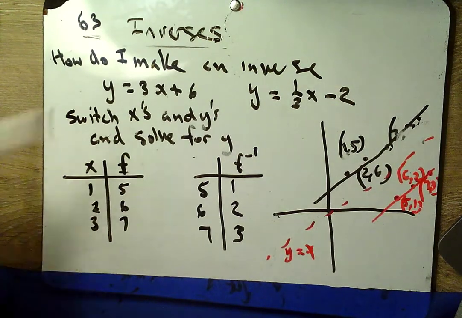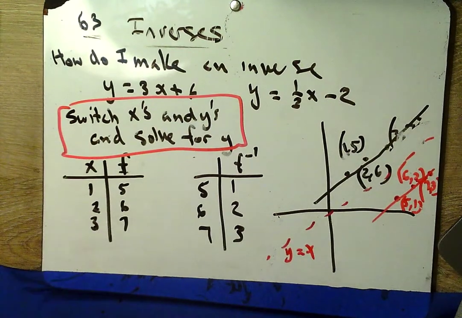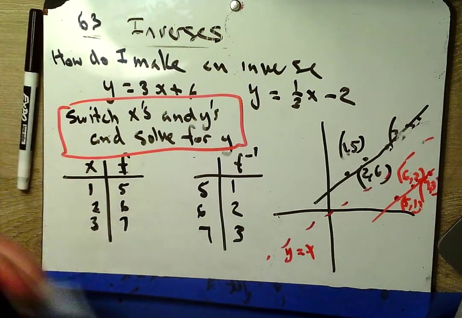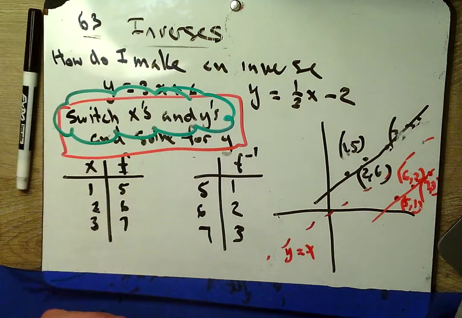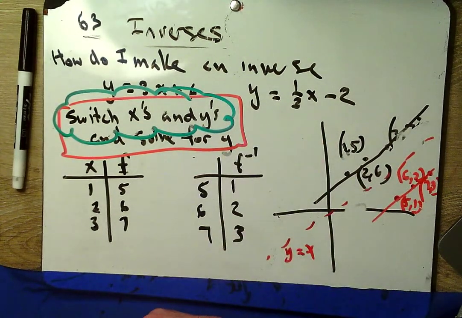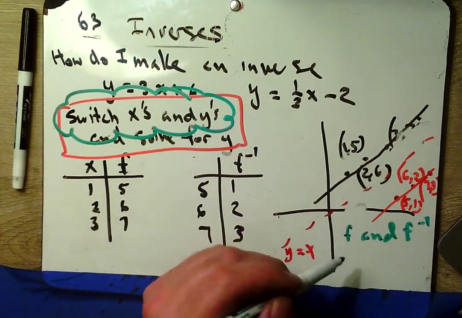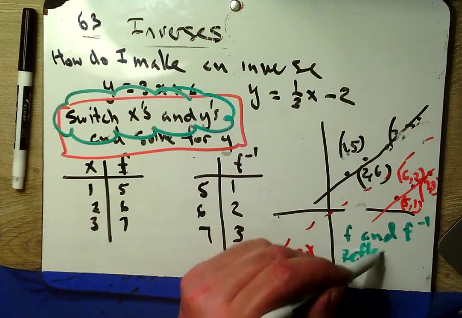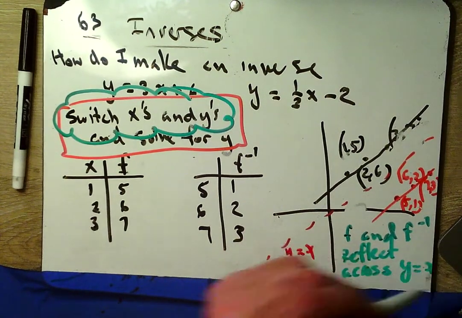Okay? So switching the x's and y's and solve for y is what I do algebraically, but numerically from a table, all I'm going to do is switch the x's and y's, and on a graph, all I'm going to do is switch the x's and y's, though on a graph I also know that f and f inverse reflect across y equals x.